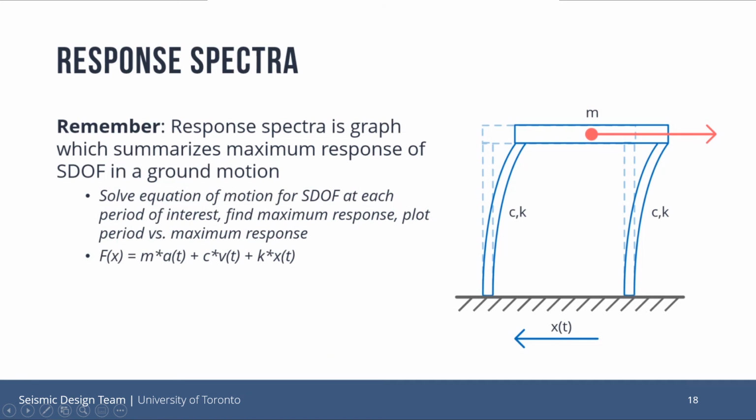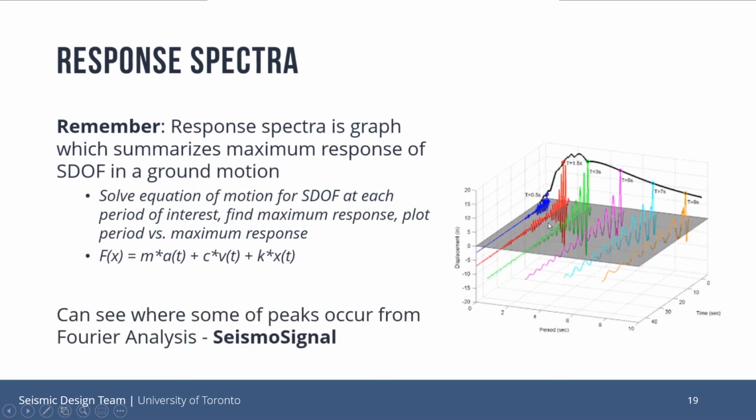So we'll solve that equation for the ground motion for a single degree of freedom system of a certain period, and then we'll find the maximum value for that system. And then we'll find the maximum value for all of the single degree of freedom systems that we care about. Once we plot that on a graph of period versus displacement, we'll be able to get that response spectrum.